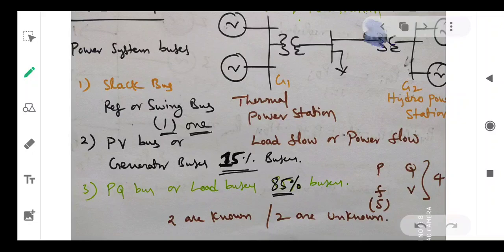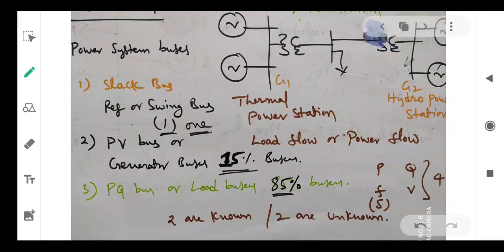The load buses of the power system are 85%. Therefore, if 100 buses are there in a power system, one bus is the swing bus, 14 buses are generator buses, 85 buses are load buses. These are the three different buses of the power system.